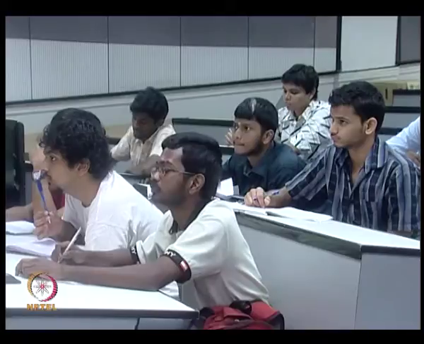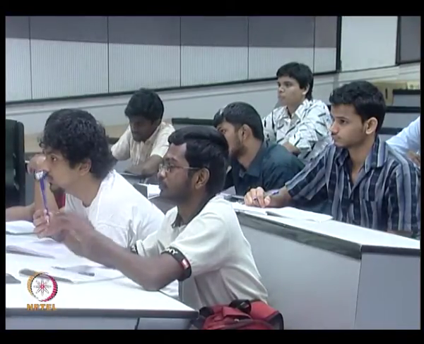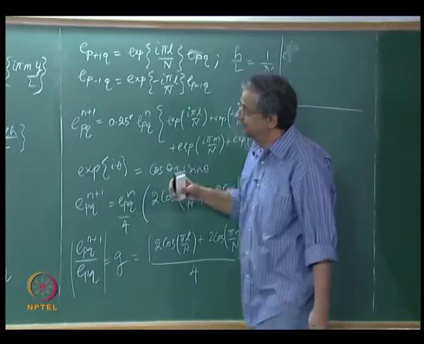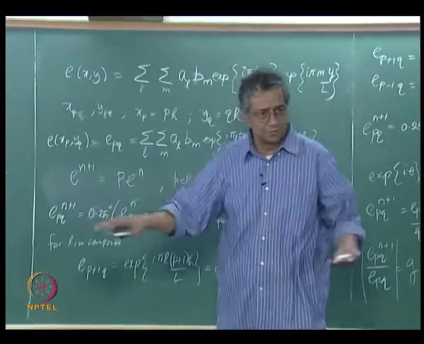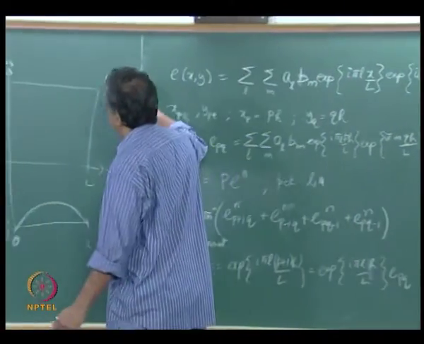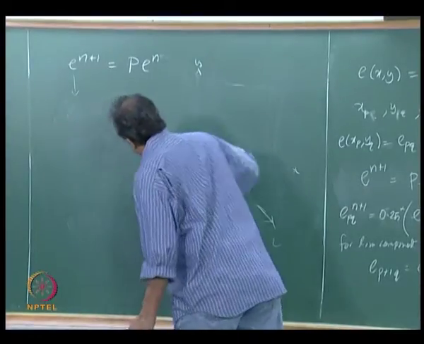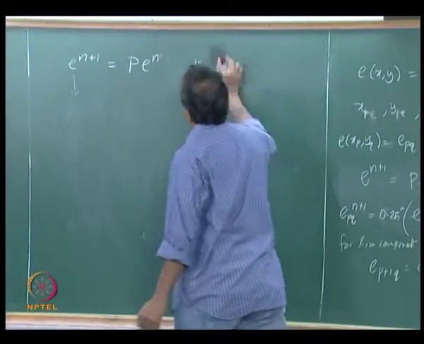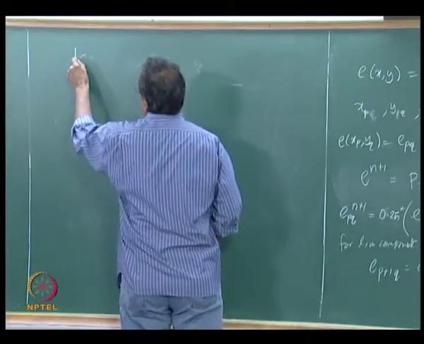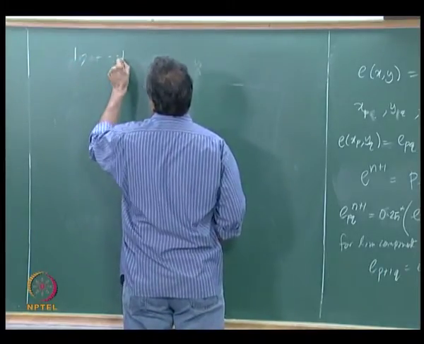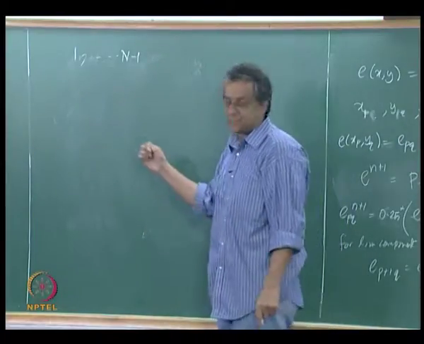So the summation need not start at 0, we won't have an A0 or a B0. The wave numbers that we get go from 1 basically through n minus 1 that are of interest to us, okay.